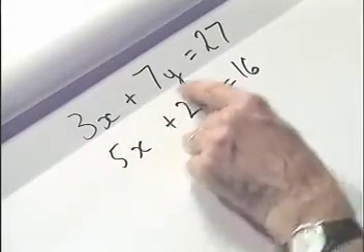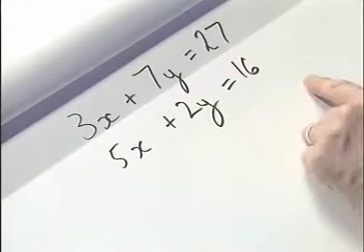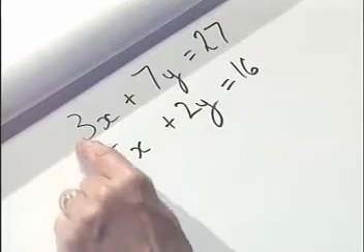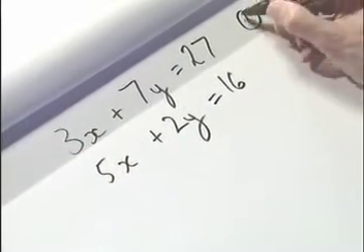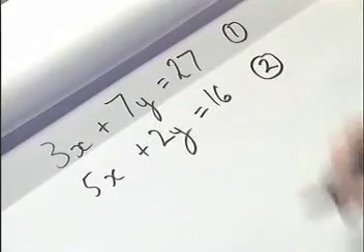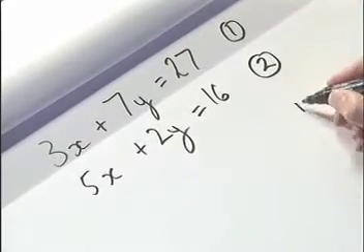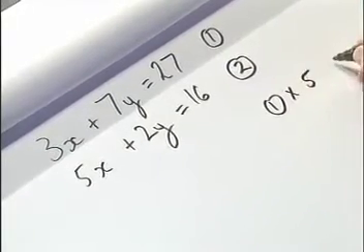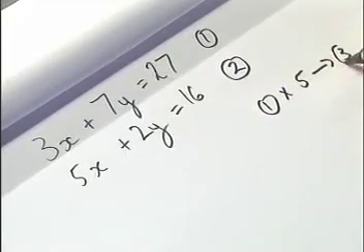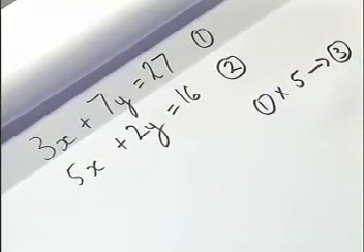So let's multiply this one by 5 and this one by 3. Will give us 15x and 15x. So I'll number the equations 1 and 2, and I'll take equation 1 and multiply it by 5, and that will give me a new equation 3.